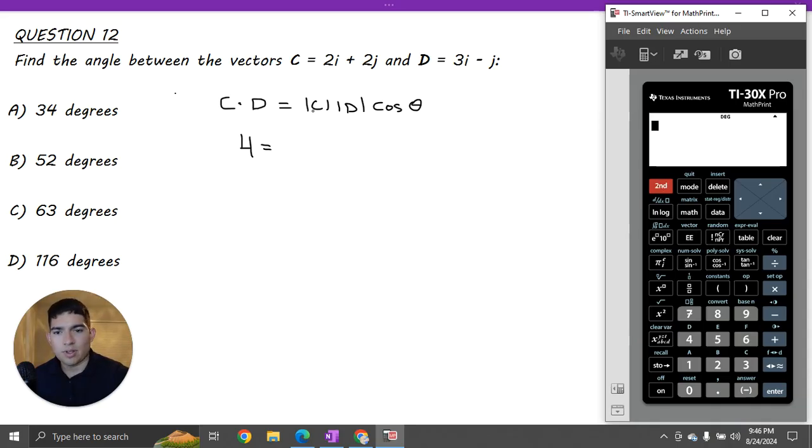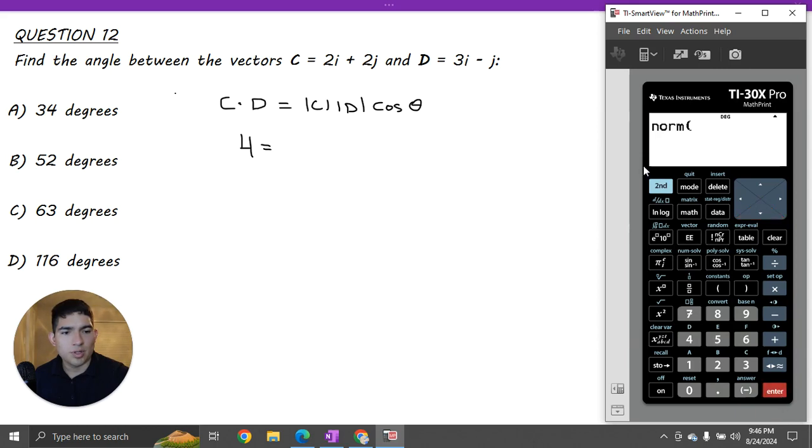So now we need to find the magnitude of C and the magnitude of D. So let me show you actually a faster way of doing it than last time. In this case, we can go to our vector section again in our calculator. When we go to the math tab, we can grab this norm magnitude tool. This is going to be the third one.